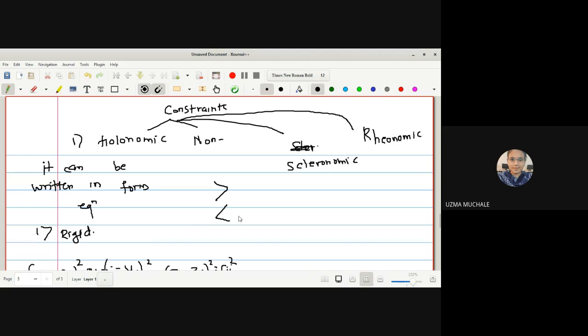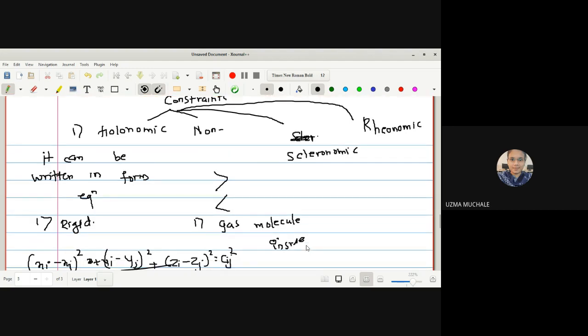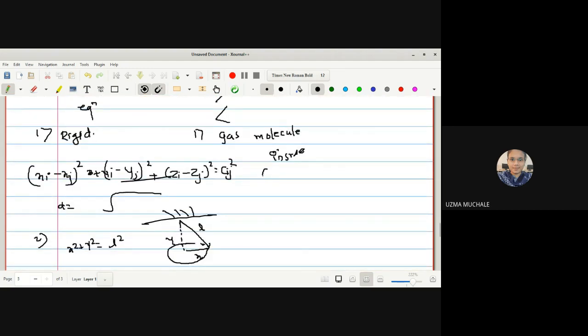Okay, now in this case we can take the example of a gas molecule inside a container. What is the restriction on the gas molecule inside the container? They can travel only in a particular area. Suppose we are discussing the case of a cylinder or any room, whatever it may be, the distance is fixed.